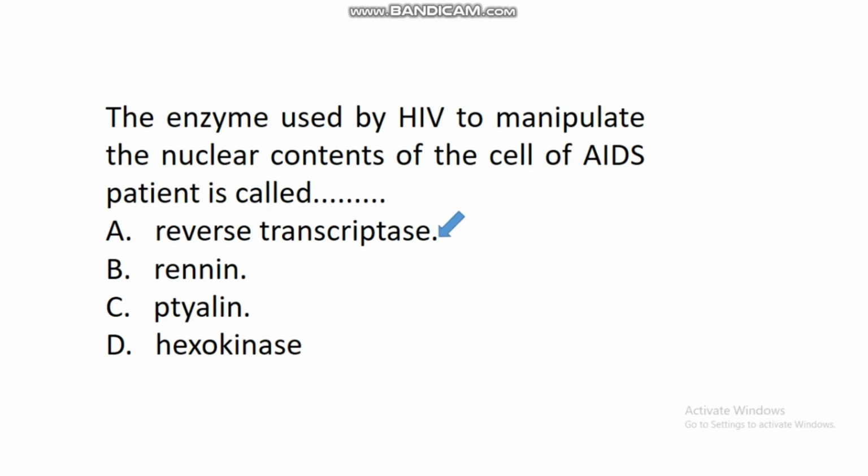This reverse transcriptase is the enzyme that this virus called HIV used to manipulate the nucleus of the cell of AIDS patients. And in this process, this virus will cause more problem to this individual.